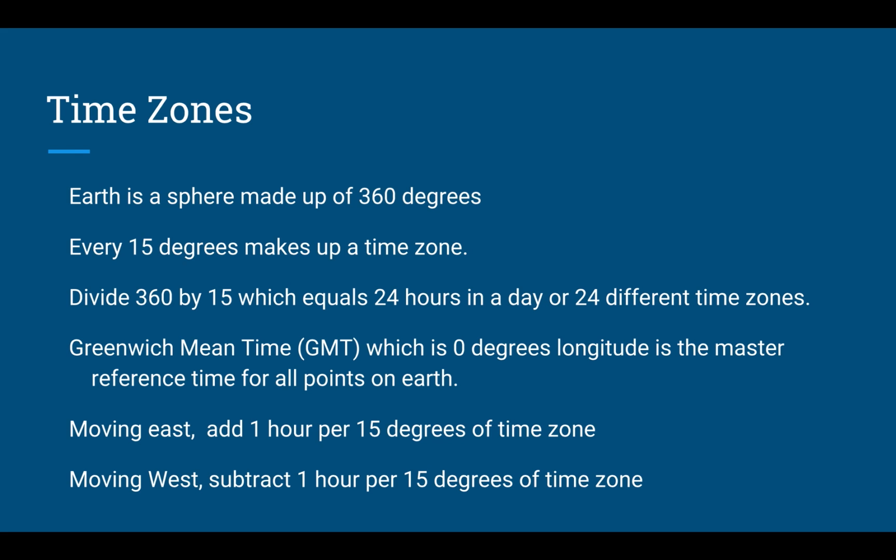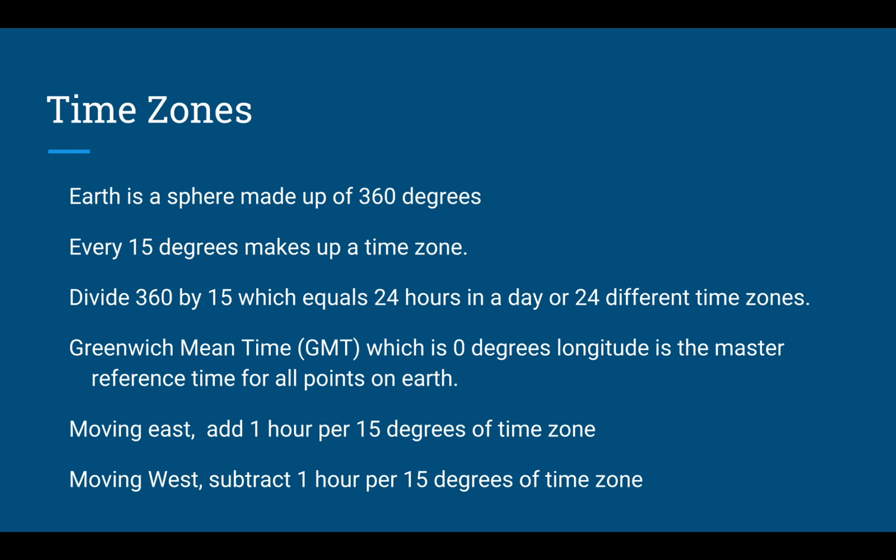And that will equal 24 different time zones. Also, 24 hours in a day. That's how we get that number, 24 hours. You divide 360 by 15, you get 24. There are 24 different time zones in the world, and there are also 24 hours in a day.